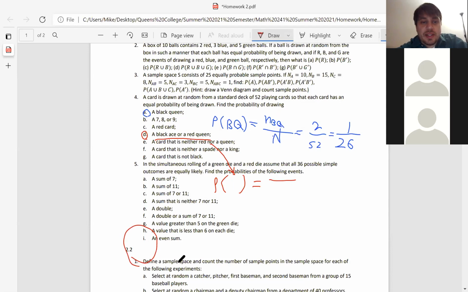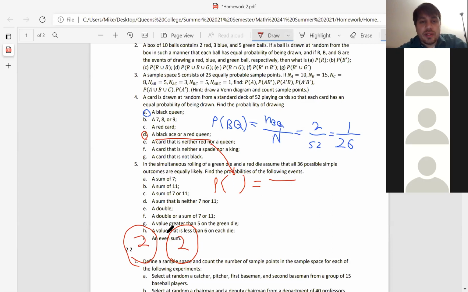Well, black aces and red queens are mutually disjoint. There's only 2 black aces and 2 red queens, no intersection between them. So there's a total of 4 black aces or red queens out of the total 52 in the deck, and that's the same as 1 over 13. So that's A and D from number 4. Hopefully that makes sense.